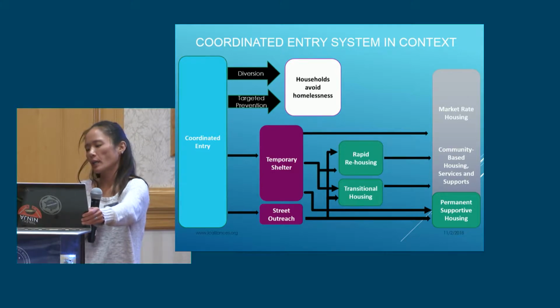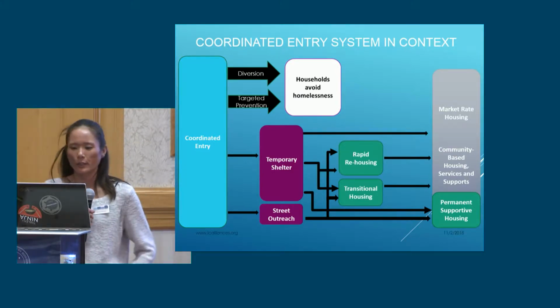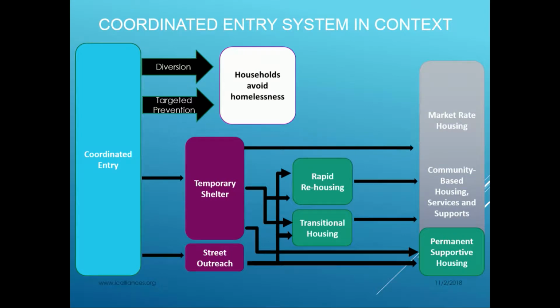So this is a really convoluted thing that we're going to try and walk through here, but it is intended to reflect a well-functioning coordinated entry system where the coordinated entry system serves as the front door to the overall crisis response system.